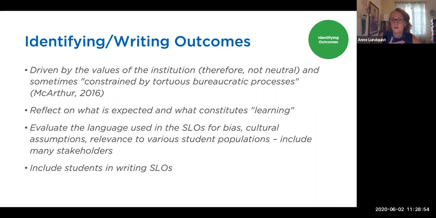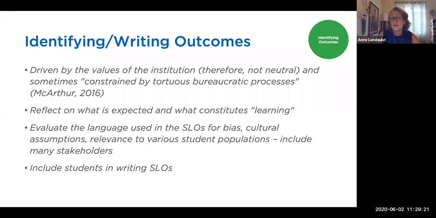So if I'm an individual instructor looking at what I want the outcomes to be for my course, I may be a little bit hamstrung in terms of what those expectations are. It partly requires a conversation on campus about what is reality, what is expected, and what constitutes learning. So how do students even demonstrate the learning and therefore know what the outcome is?